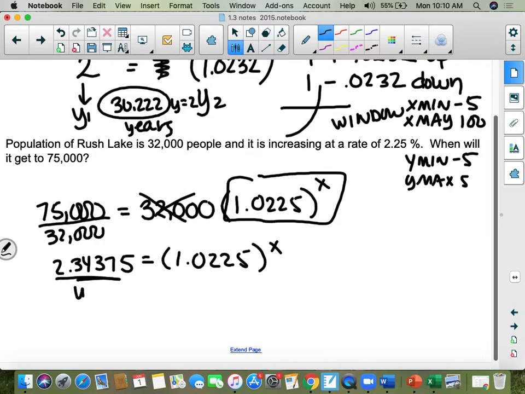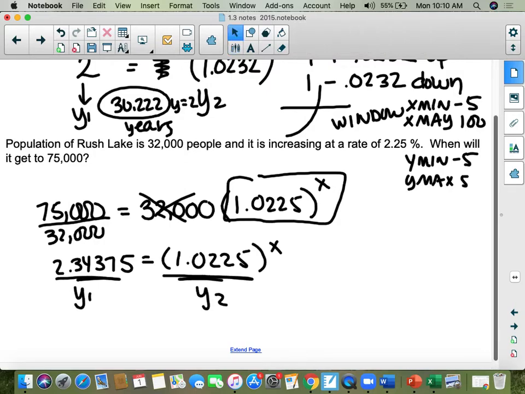This is my y1, this is my y2. So go to your y button, clear it, and put in under y1 2.34375, and under y2 put in 1.0225 raised to the x, hit your graph.